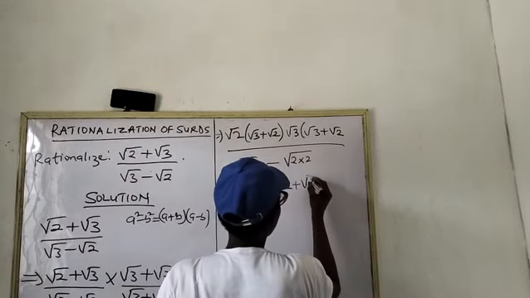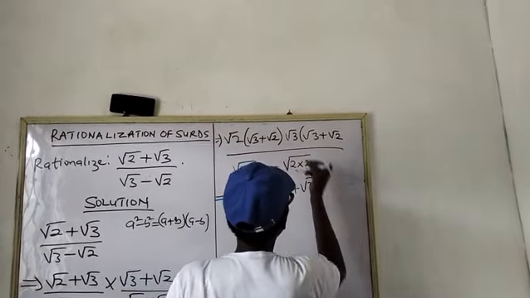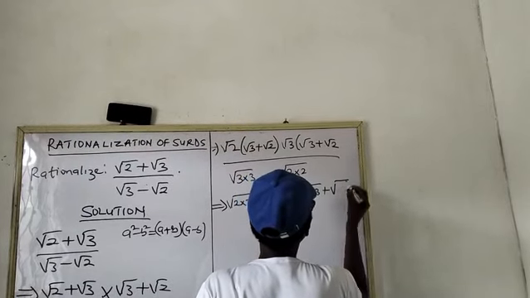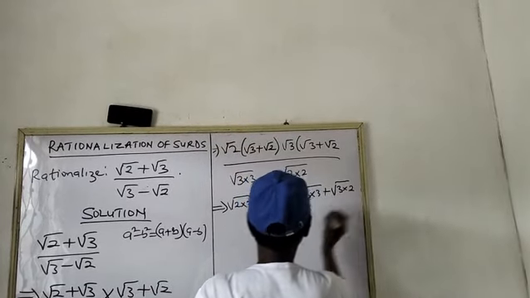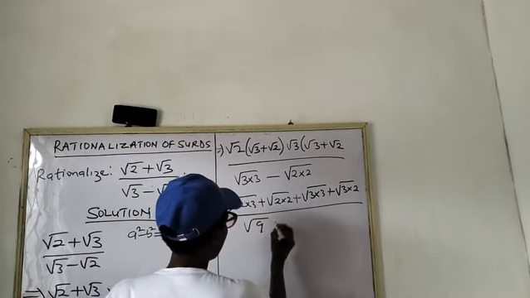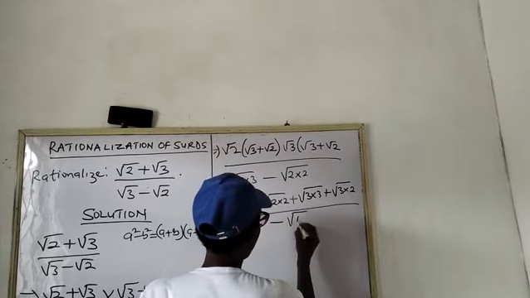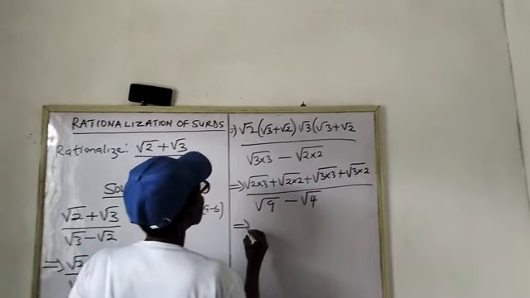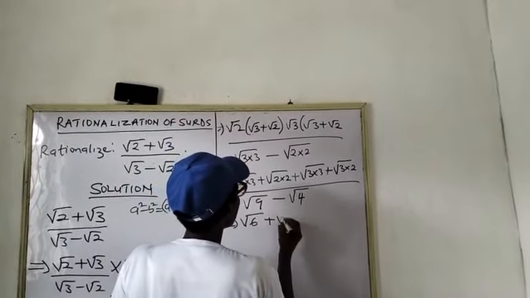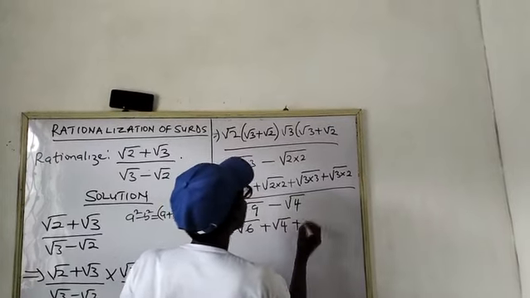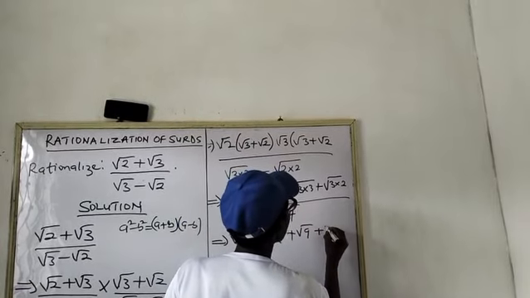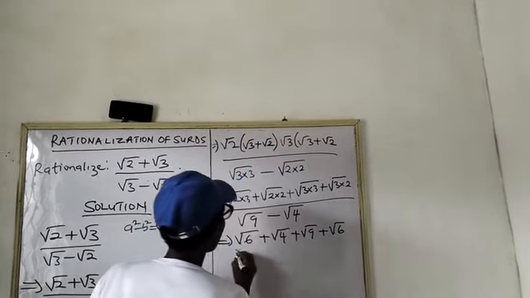Root 3 times root 3 is root 3 times 3, plus root 3 times root 2 is root 3 times 2, over root 3 times root 3 is root 9, minus root 2 times root 2 is root 4. Now we have root 2 times 3 is root 6, plus root 2 times root 2 is root 4, plus root 3 times root 3 is root 9, plus root 3 times root 2 is root 6, over.